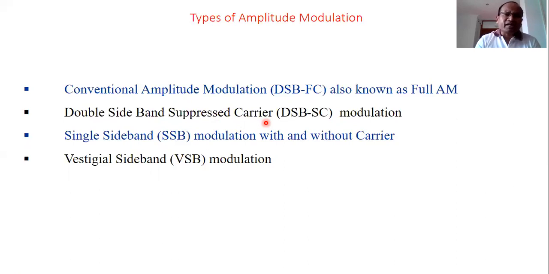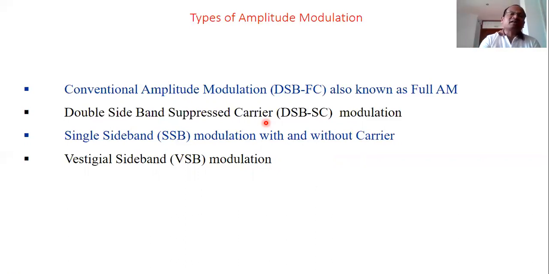Now there is a third category, single sideband modulation, and that is also possible with or without carrier. This is really a very interesting thing in modulation. You can imagine that only a single sideband, either the upper sideband or the lower sideband, can be transmitted. And you have to remember one thing: in either of the sidebands, the entire amount of information will be carried.